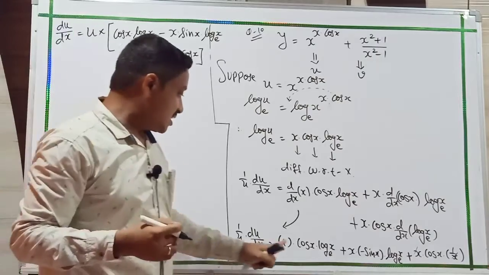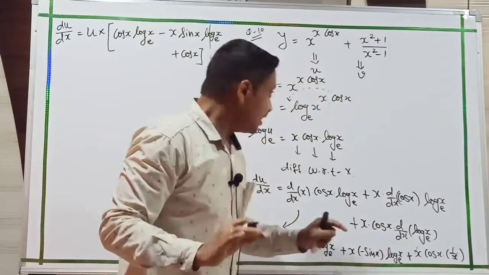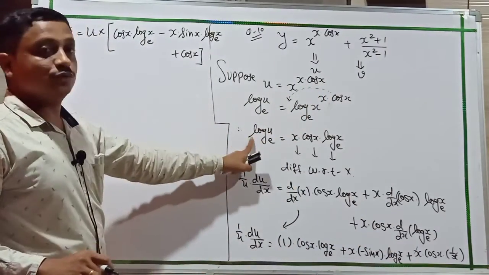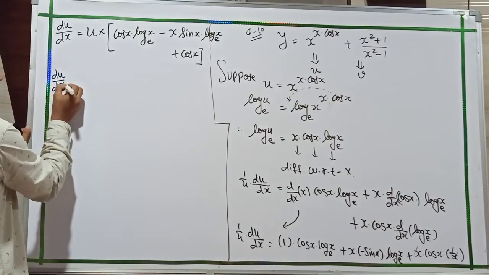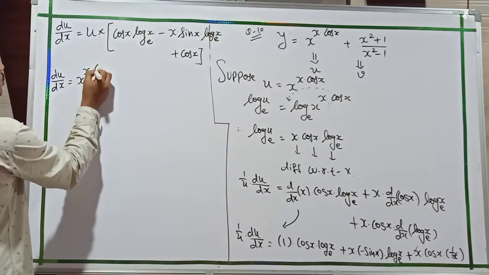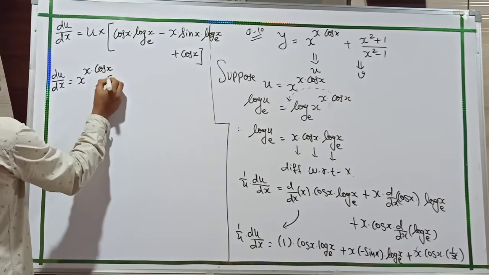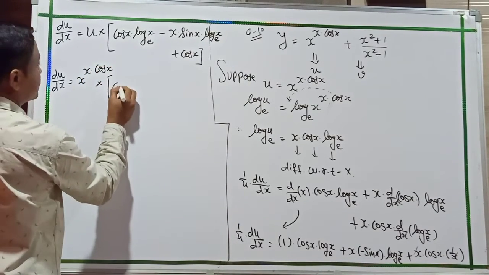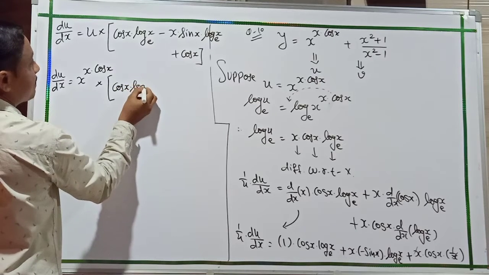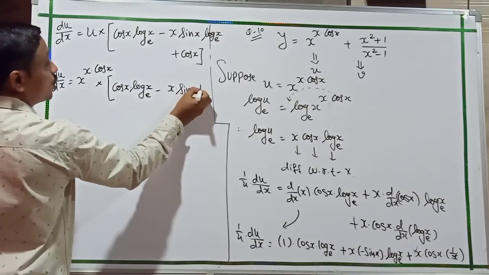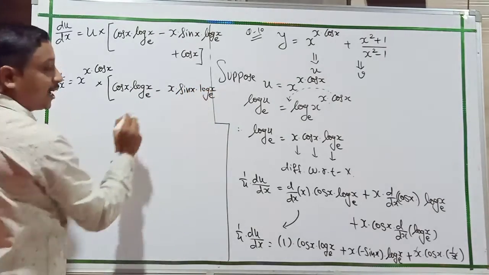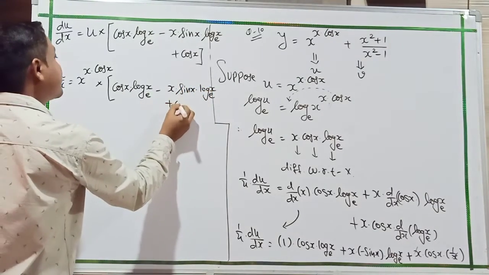Finally, students, this and this and this are the same. Now I put in the value of u. What is u? So du by dx: my value is x raised to x into cos x, and the other is as it is. So cos x into log x base e, minus x into sin x into log x base e, and plus cos x.